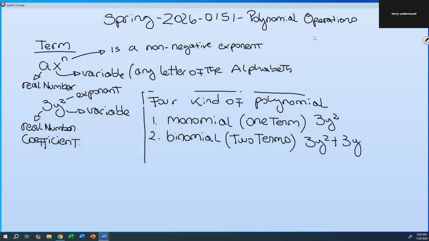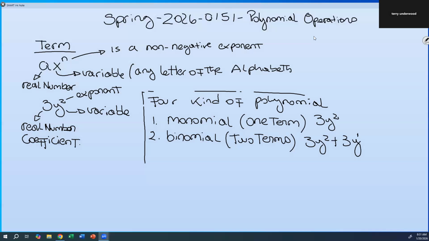There is always an understood one, and this y has an exponent 1. I will give you this clue: if you have a variable, a letter, and don't have a coefficient and don't have an exponent, the default coefficient will be 1 and the default exponent will be 1.